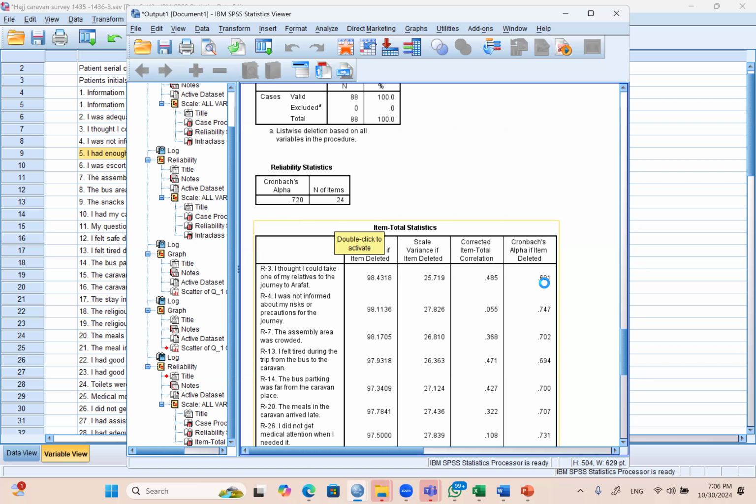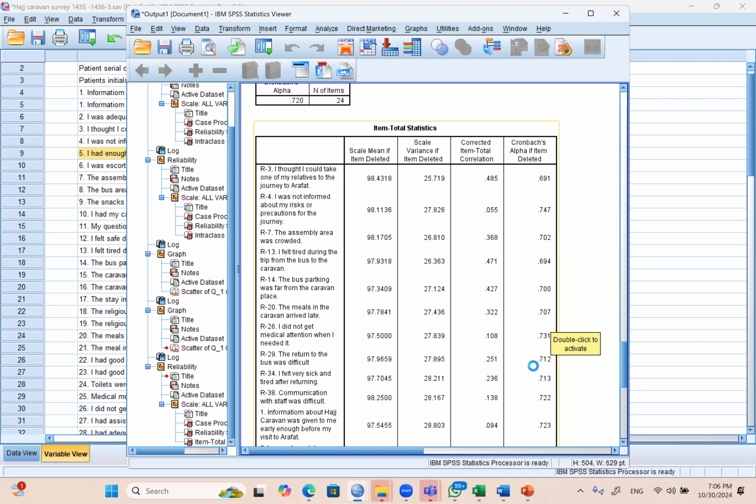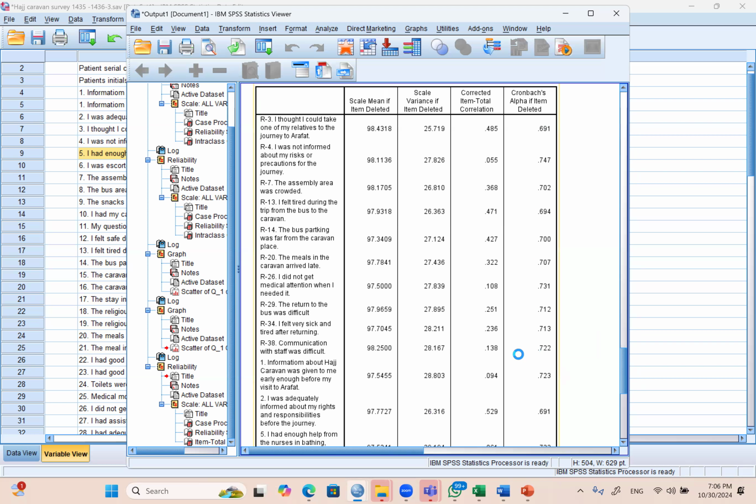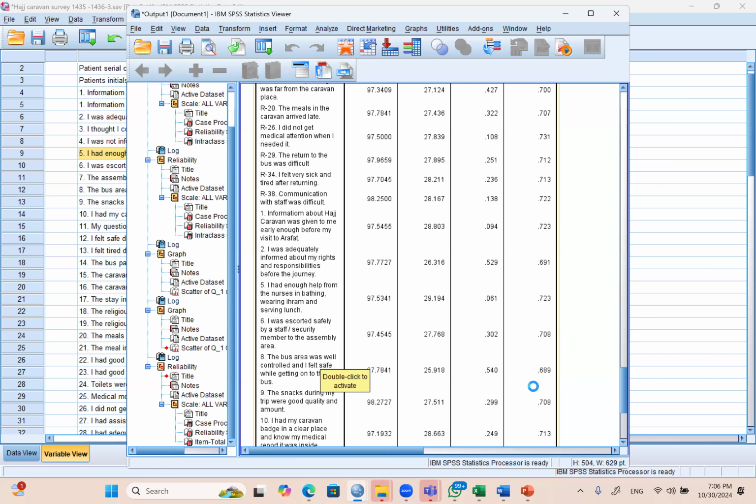This is not good. I want my alpha to be higher. I want the questionnaire to be more consistent, more reliable, with more internal consistency. So if I delete number 4, my Cronbach's alpha is going to be higher, so I can delete number 4. And if I delete numbers 38 and 1, maybe it's going to slightly increase.